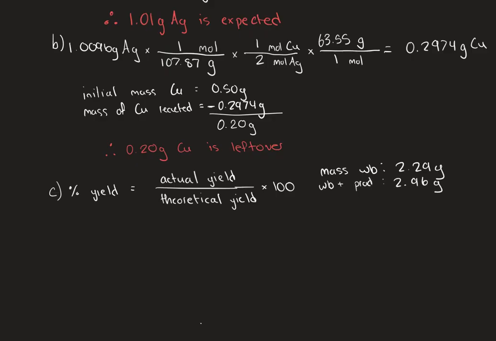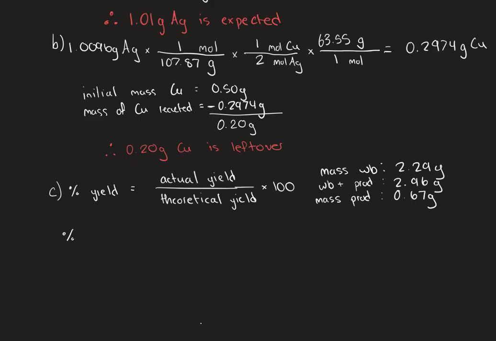Now to determine the mass of my product, I subtract the mass of the weigh boat from the mass of the weigh boat and the product, and I got a mass of 0.67 grams. So that means that my actual yield for this reaction was 0.67 grams of silver.